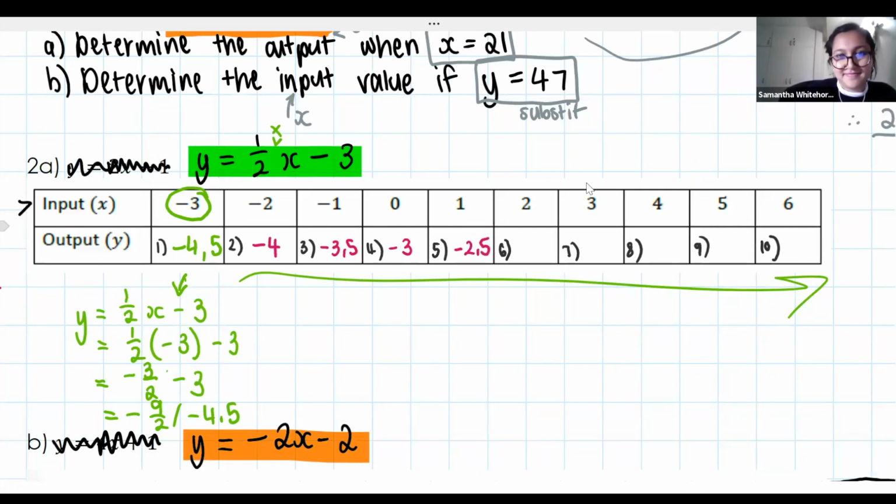Number 6 is -2. Number 7 is -1.5. Number 8 is -1. Number 9 is 0.5. Positive or negative? Oh, negative 0.5.